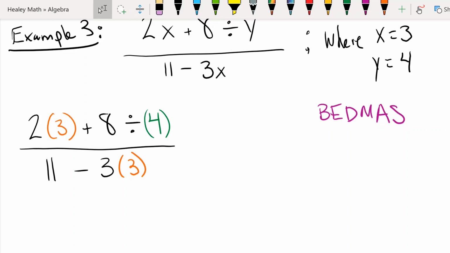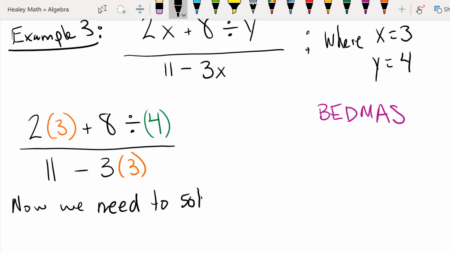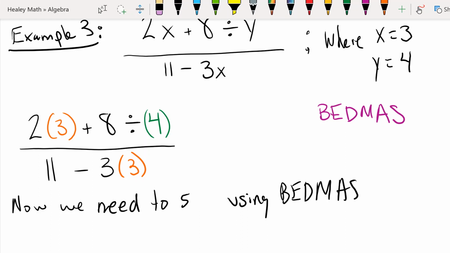So now we need to simplify using BEDMAS.